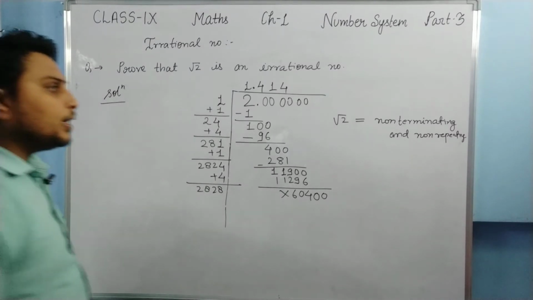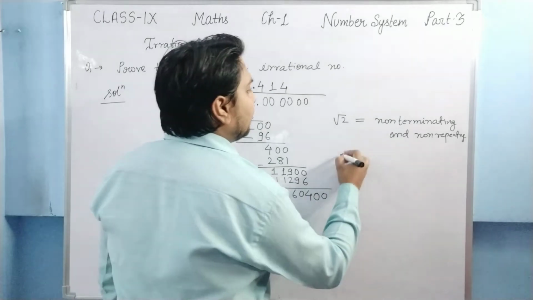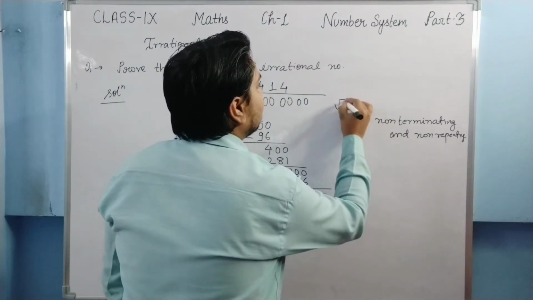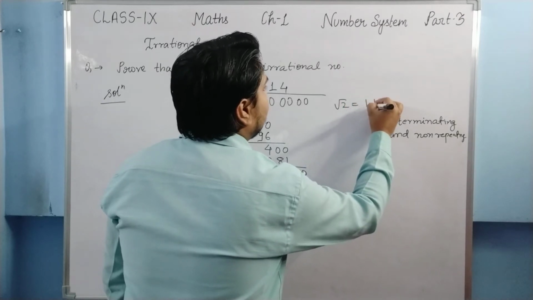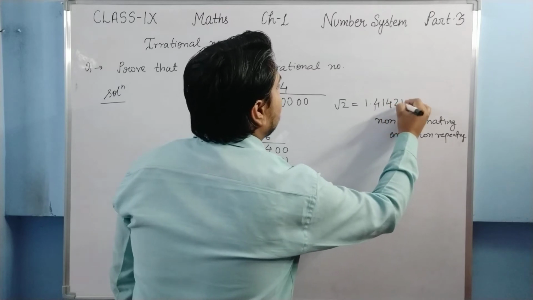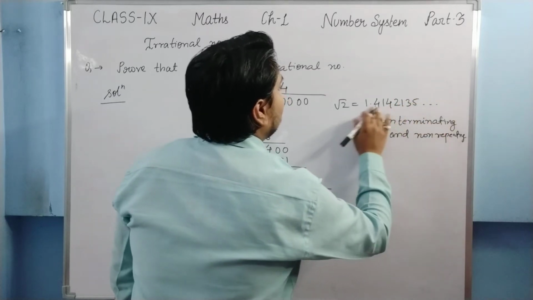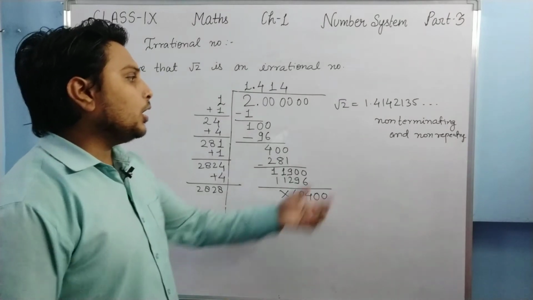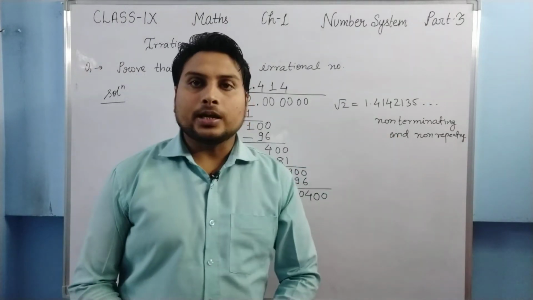So when you find it, what will you get as the value of under root 2? The value of under root 2 you will get is 1.414213 and so on, like this. Okay, which we can say simply is a non-terminating and non-repeating type of decimal.